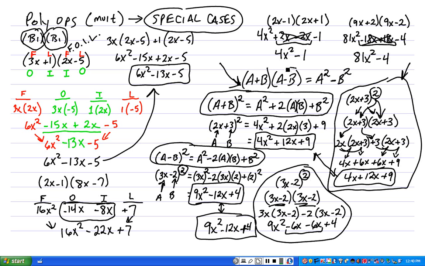If you get them, fine. If you don't, fine. But these are the special cases that they're talking about, in addition to the FOIL method.